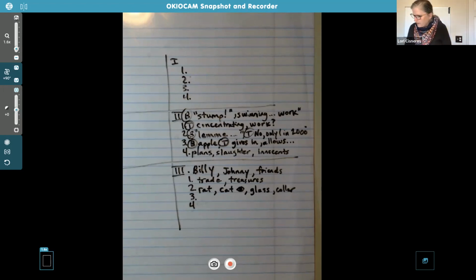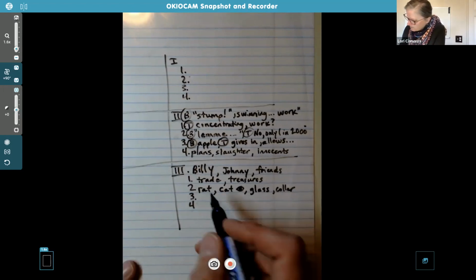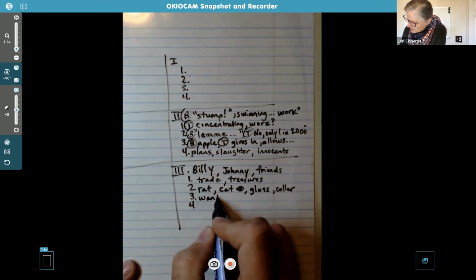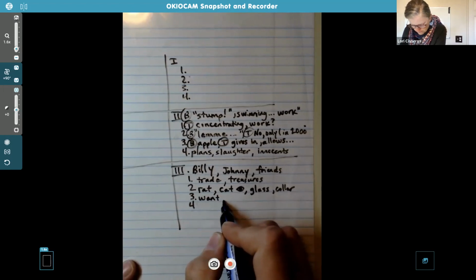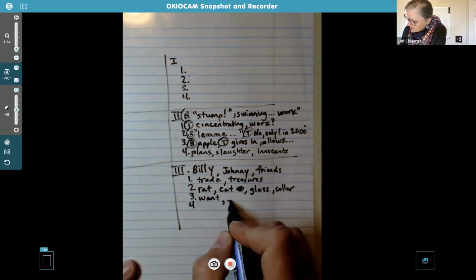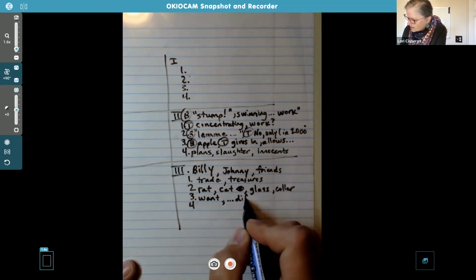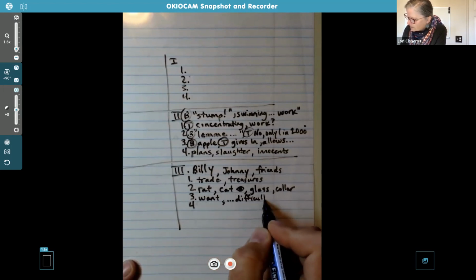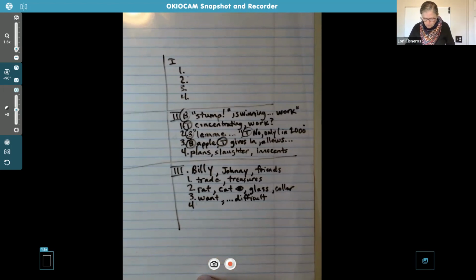So anyway, number 3, we'll just put want. And then if it's difficult, I'm going to put some dots here, difficult. Then you're not going to want to do it if it's difficult.